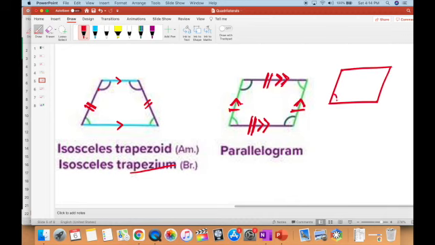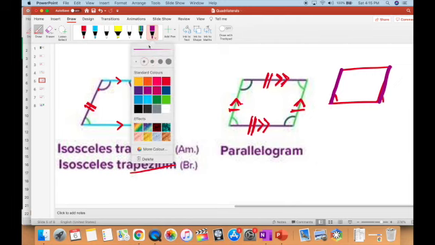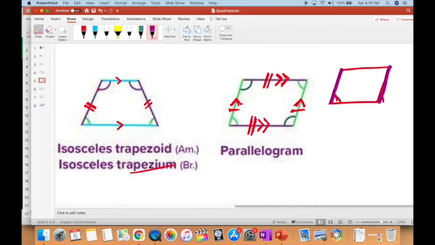So wouldn't this angle here be the same as this angle here? Would you agree with that? Because they're slanting the same and they're parallel, right? They're slanting with the same slope, right? So this angle here would be the same as this angle here.